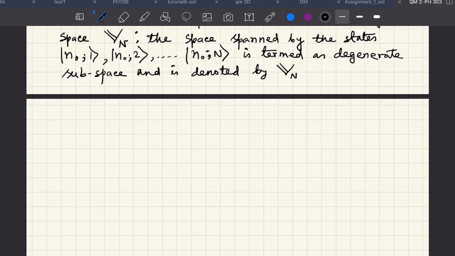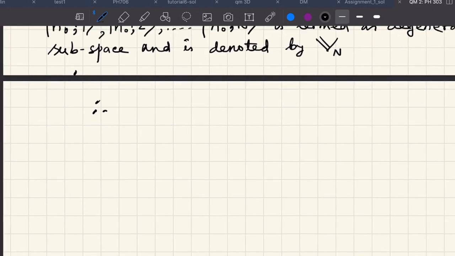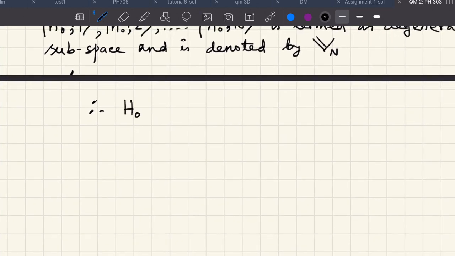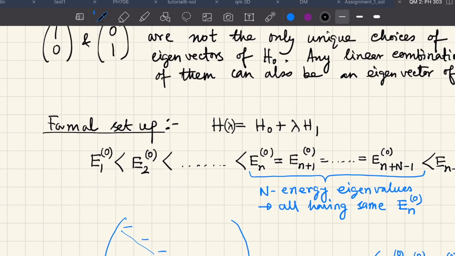Hence, what we can immediately write is the following. We have H_0 acting on |n^0; k⟩, which gives us E_n^0 and the state back. This is your Schrodinger equation, with k taking values from 1 up to capital N. Let us now start numbering these equations.